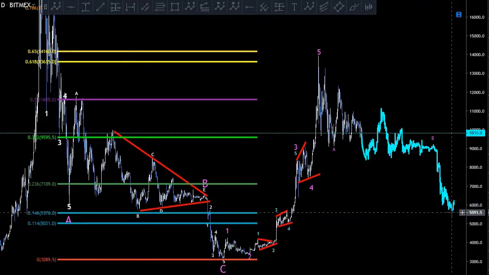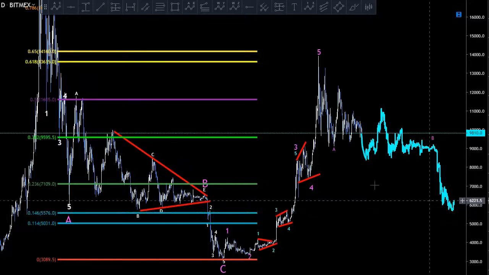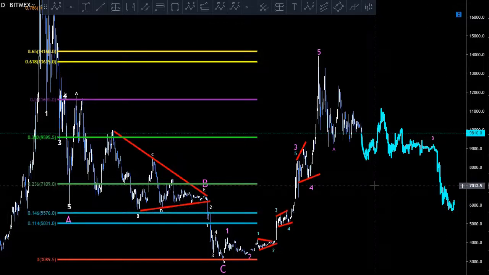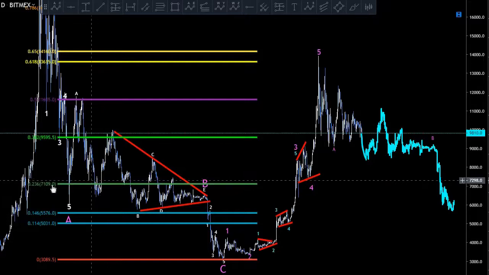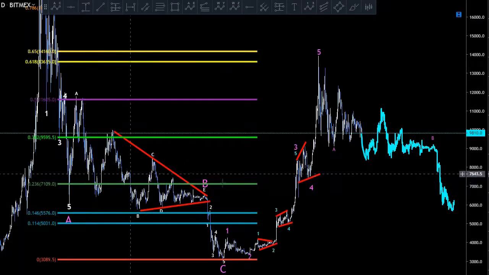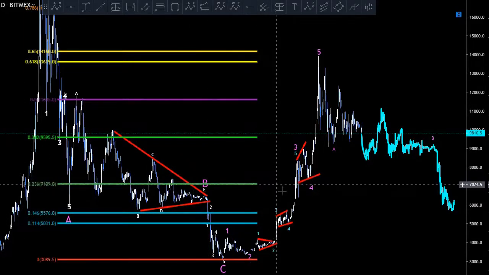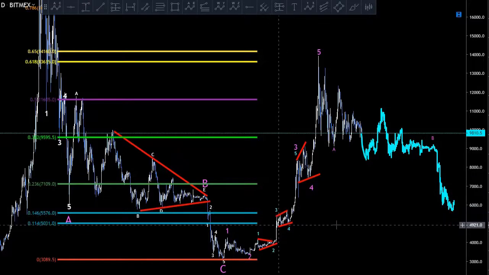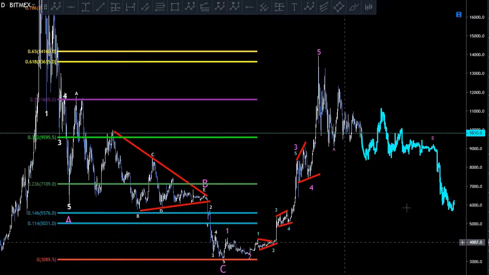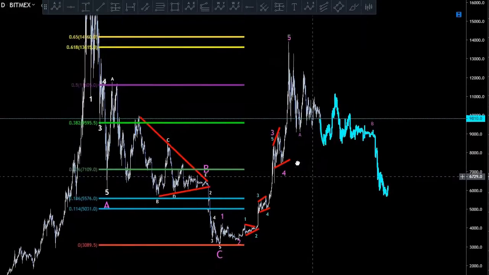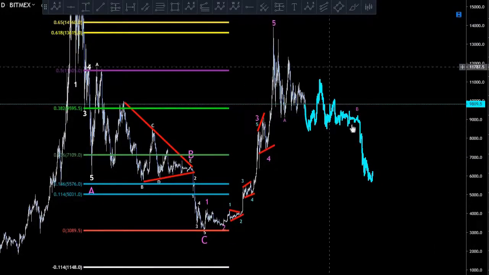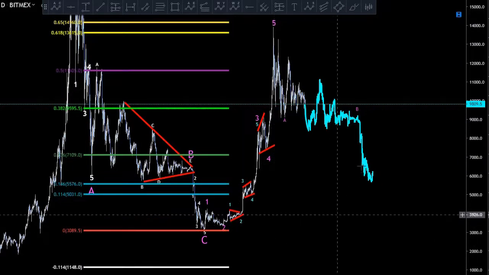I honestly don't believe that we get this low. I feel like 6.6k is really good support, and 7k. I believe that this 0.236 should be where we start laddering in. After we lose this is when you cut a loss, because we'll still be in a B wave, but we'll break this low, right?